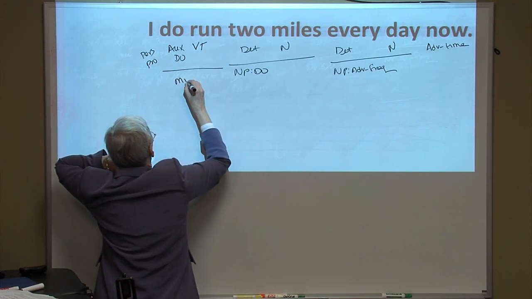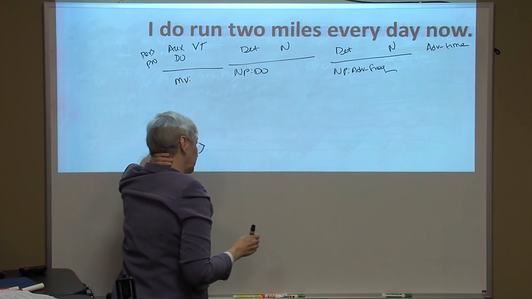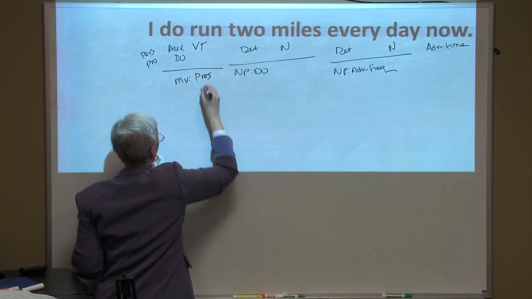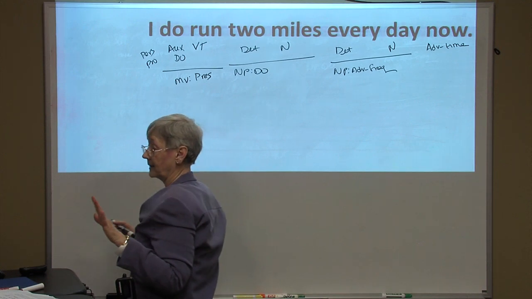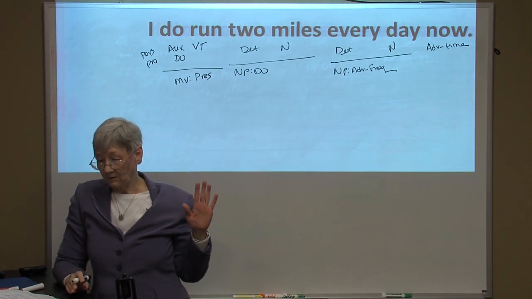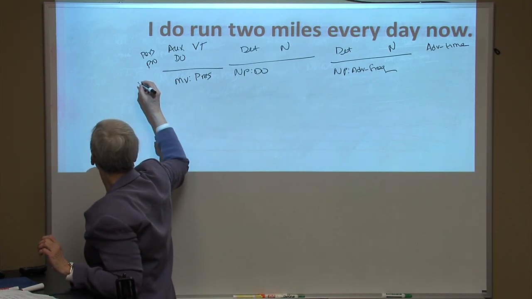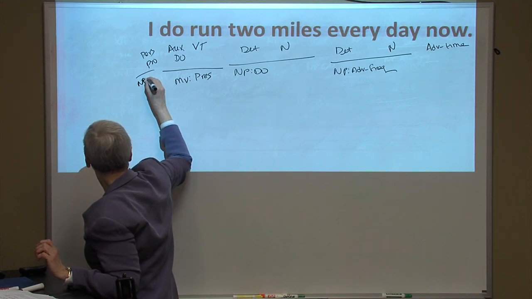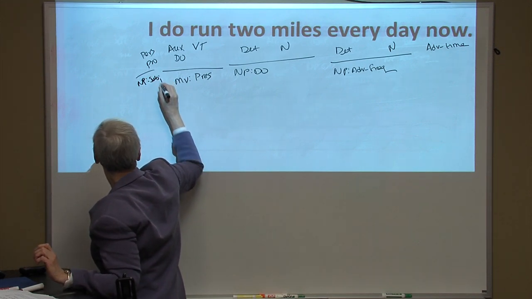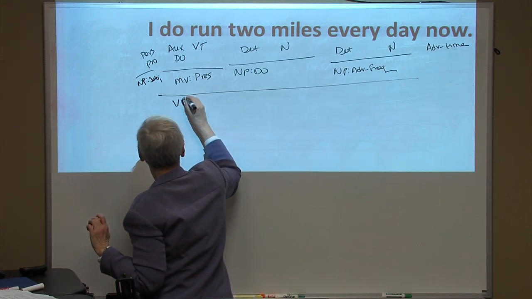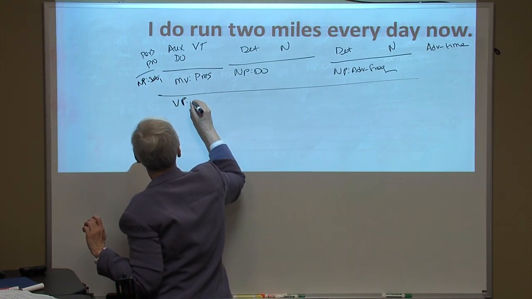And the only descriptor in the status for the main verb is present. Do does not provide aspect. It doesn't do anything but hold the tense and express emphasis. And of course, I is our noun phrase, functioning as the subject of our verb phrase, functioning as the predicate. Do run 2 miles every day now.